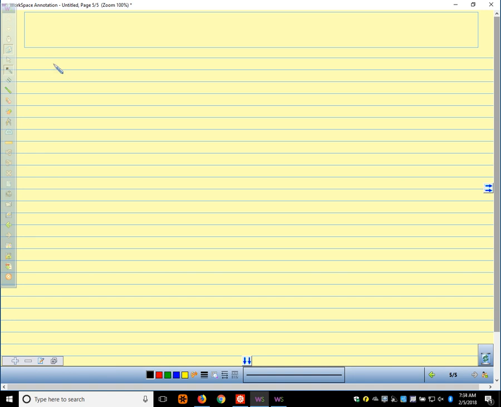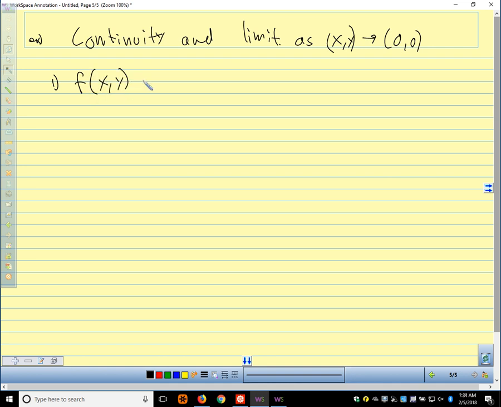So for these examples, we want the continuity and the limit as (x, y) approaches (0, 0) for all of these functions. In your book it would say discuss the continuity and find the limit. f(x, y) is e to the xy.